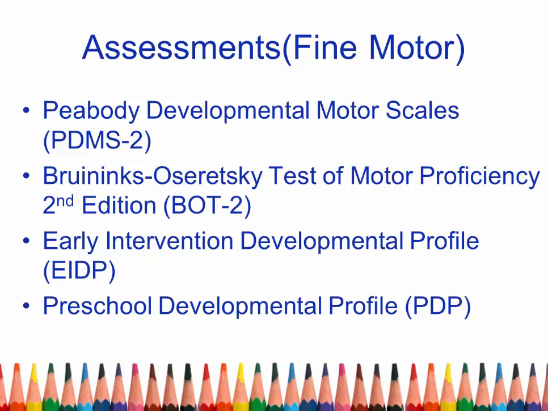It's a little easier to pronounce than the Bruininks-Oseretsky. PDMS-2 is standardized on children from birth to 6 years of age, and the BOT goes from 4 to 21 years of age. And when we get in our assessment course, we'll talk more specifically about these tools.